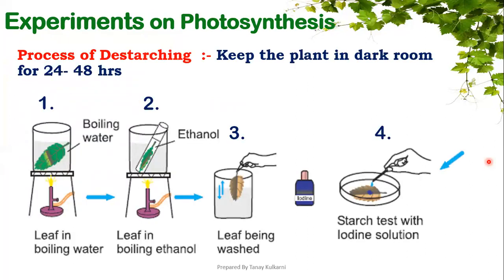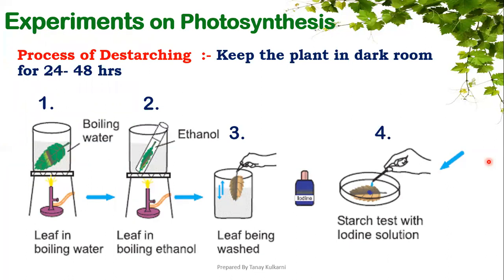Experiment on photosynthesis. The first step which is required to perform any experiment based on photosynthesis is destarching. That is called removal of the starch. A plant used for an experiment on photosynthesis needs to be destarched by keeping it in a dark room for 24 to 48 hours. During this period, what will happen?